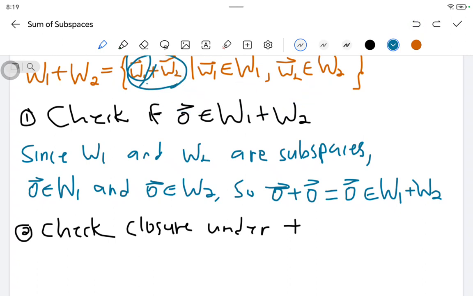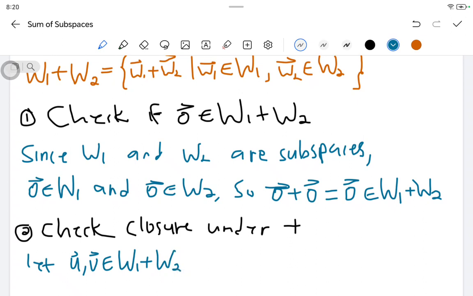Remember that before you use this definition, you must pick two elements from the set. We used to say let u, v be an element of that. So I'm going to let u, v be elements of W1 plus W2.